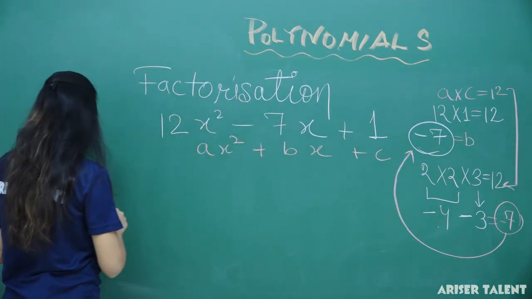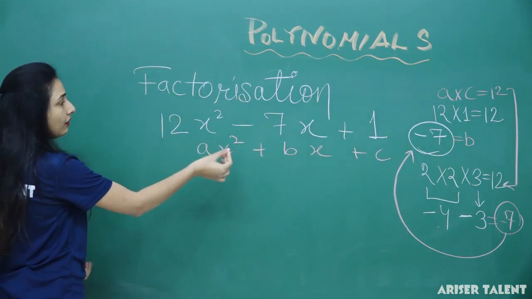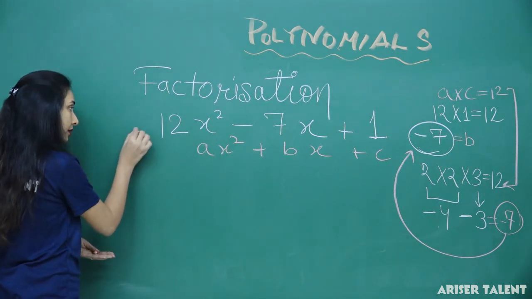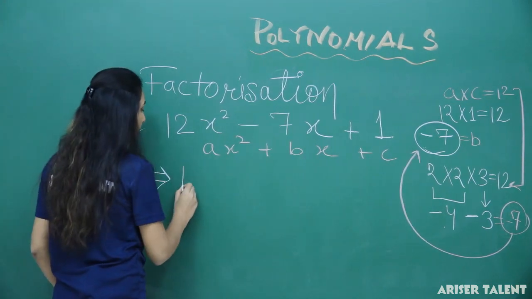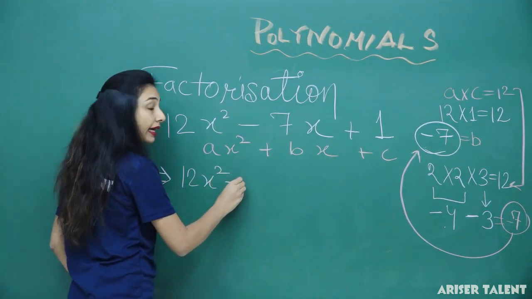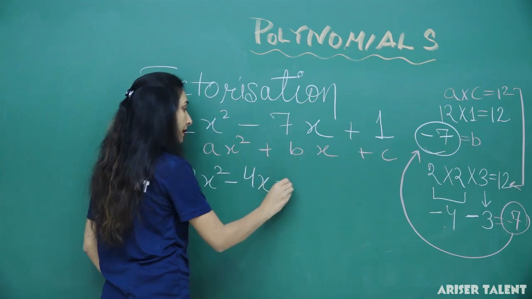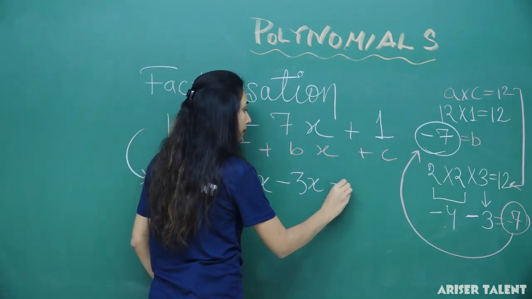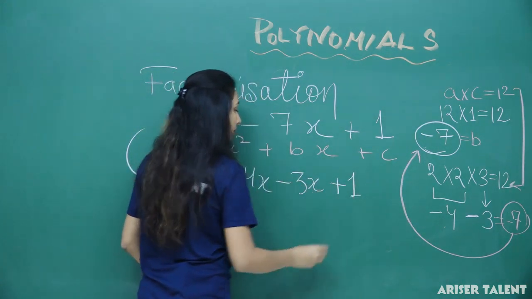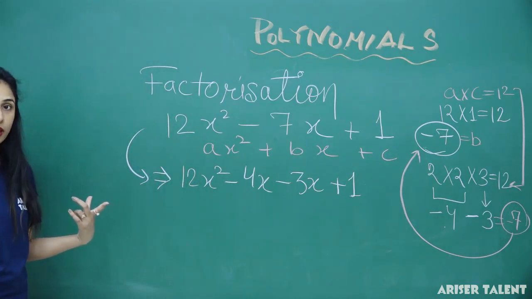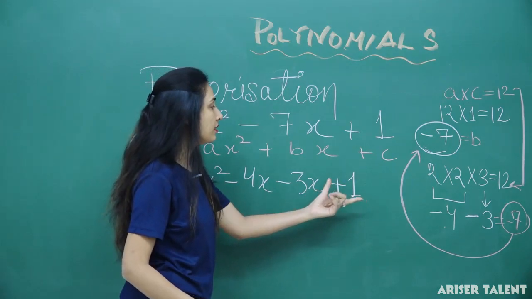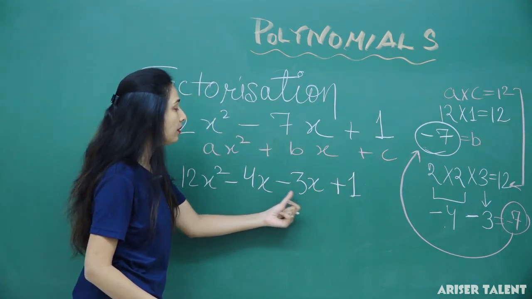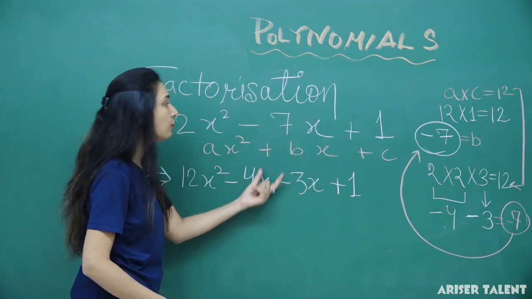So in that particular method, you have this 12 and you can just write it like 12x² − 4x − 3x + 1. Okay, 12x² − 4x − 3x + 1. −4x − 3x gives you −7x.